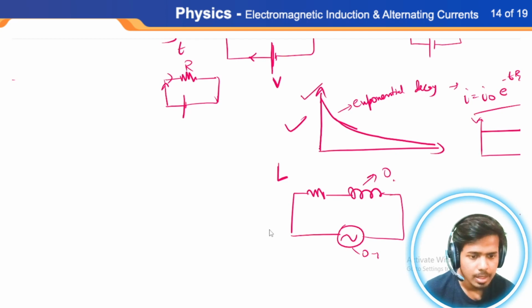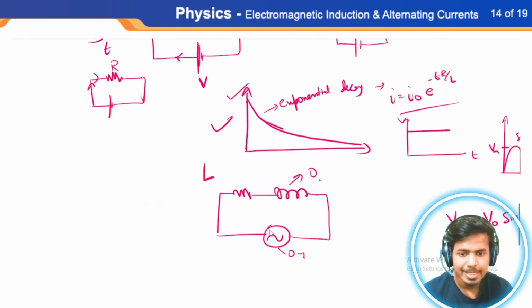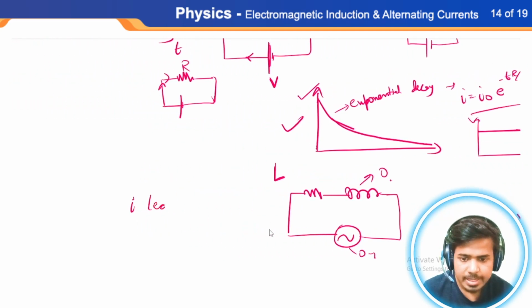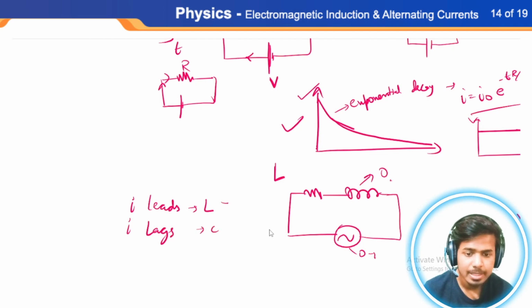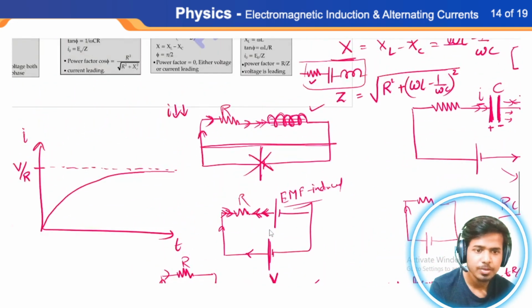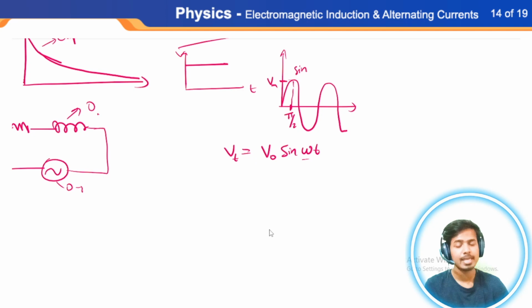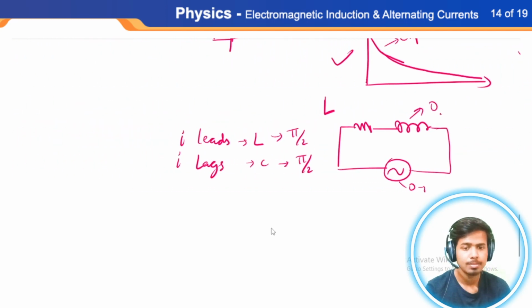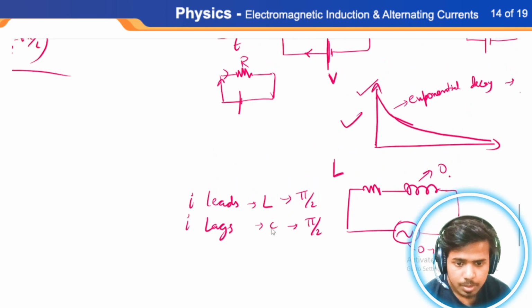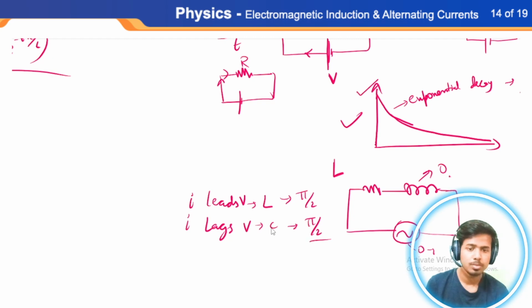That is why the current leads in the inductance, and lags in the capacitance, by the same amount, pi by 2. The maximum takes place at pi by 2, so that is the same phase angle through which it leads and lags.